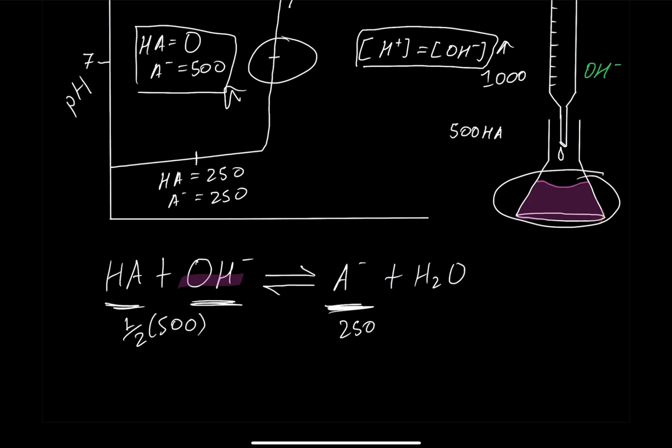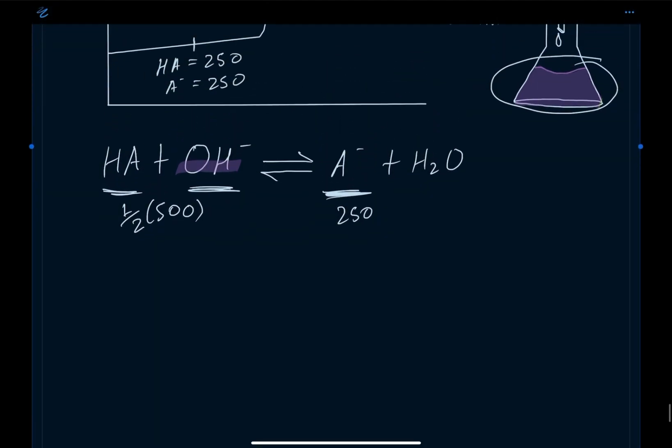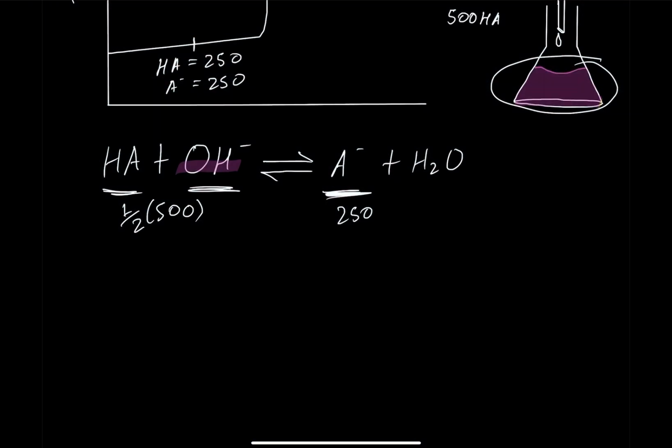That makes sense, right? Okay, so now I'm going to write out the Ka equation. So in this case here, Ka is equal to H plus multiplied by your A minus over HA, right?